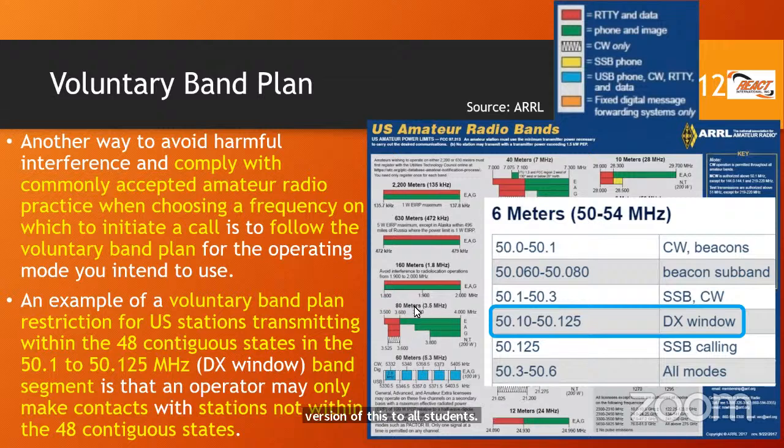So it has all of the frequencies that we are permitted to use, as well as what the modes are. And of course, on this band plan, it shows the difference between what was called a novice class at the time, what's a technician class, what is called the general class, what was called the advanced class, and also what is called the extra class, right?